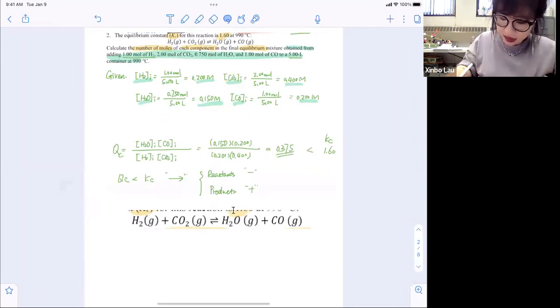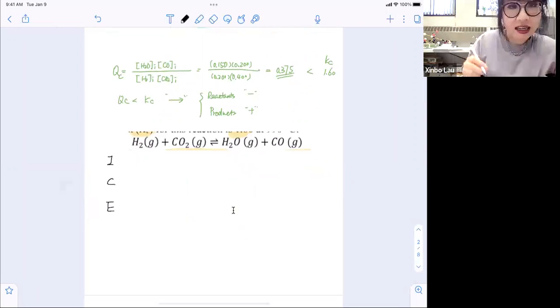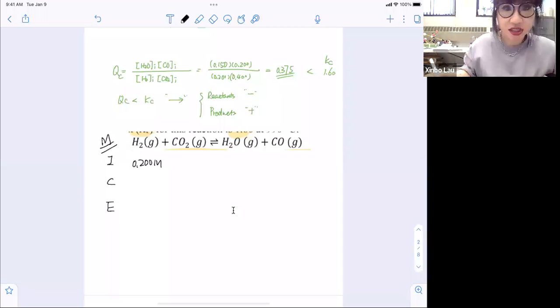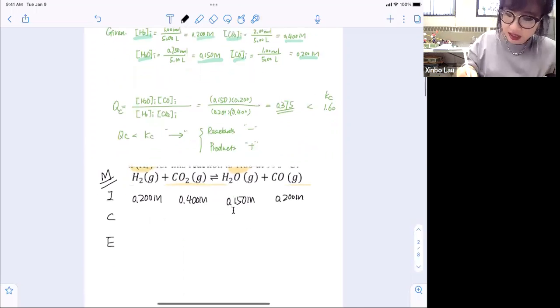Okay, so that's what we have, an ICE table. I'm just gonna directly write it like this. In the initial row, what do I have? 0.2, because the ICE table is based on concentration, molarity. This will be 0.4, we calculated it. Then initial 0.150 and this will be 0.2, as we already interpreted.